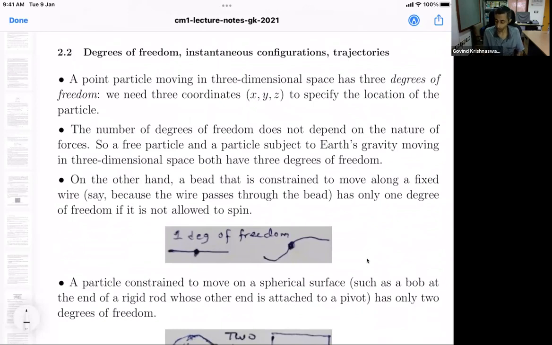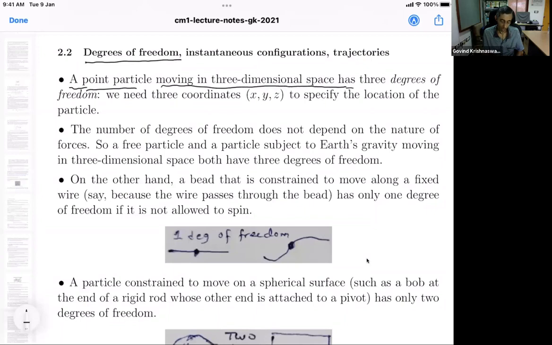Most important among them, and the first among them, is that of degrees of freedom. So let me introduce this through an example. Suppose you have a point particle moving in three-dimensional space.